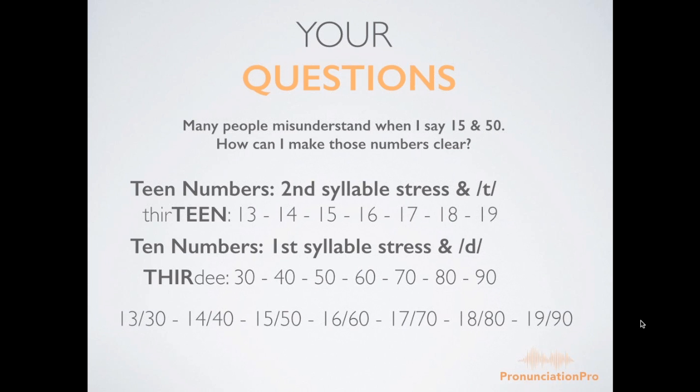Something to practice is to go through and contrast them: 13, 30, 14, 40, 15, 50. I'm going to give you a minute to go through and contrast those two, 13, 30, and go down the list.